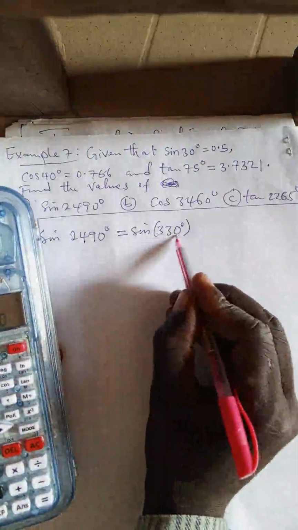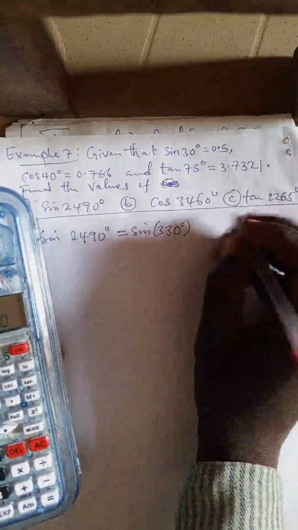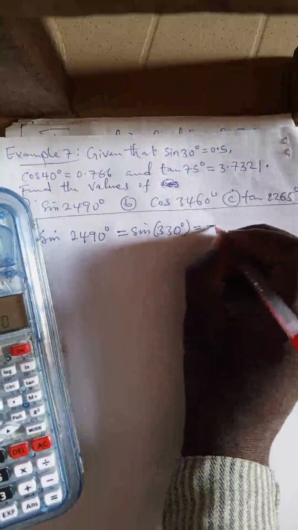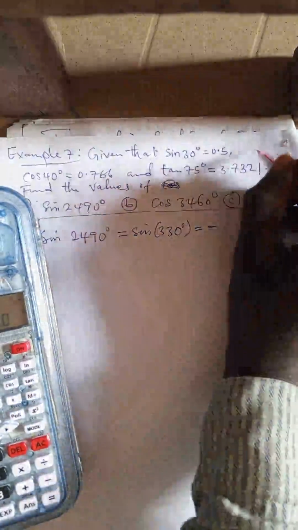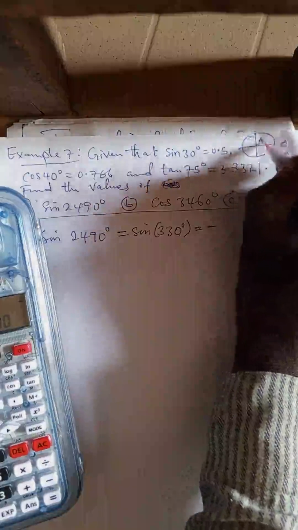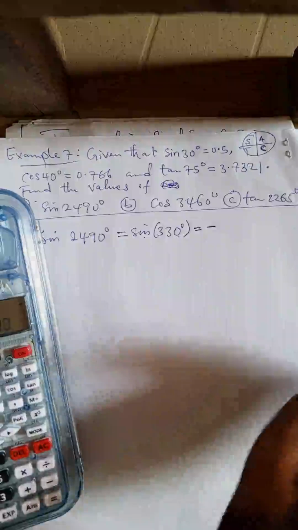Now, we have to find the reference angle to this. Since it is sine, we have a minus. Cosine is positive here, but we are dealing with sine, so it is negative.